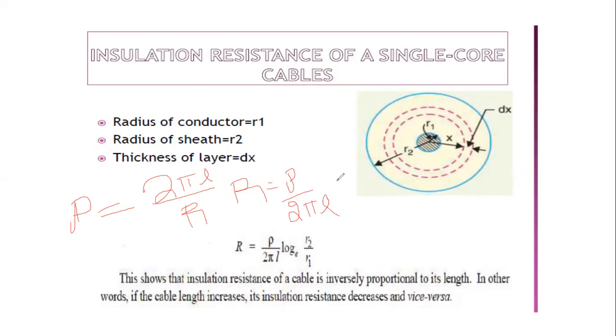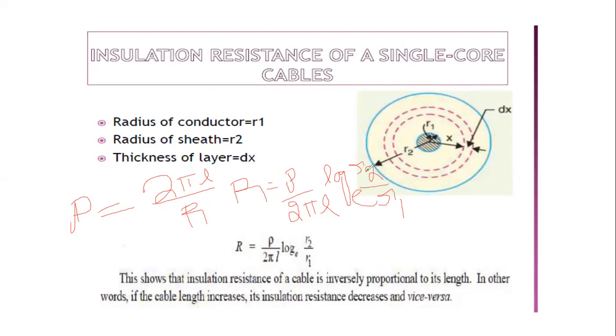Then apply the log. It can be written as log base e of R2 by R1, where R2 is the radius of the insulation sheath and R1 is the radius of the conductor. Here rho is the specific resistance and L is the length of the conductor.